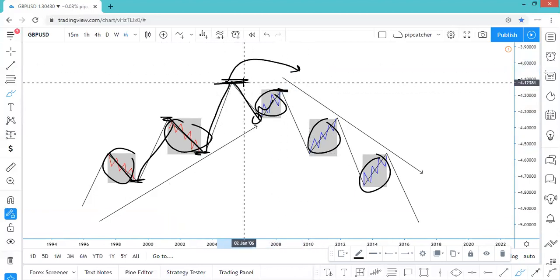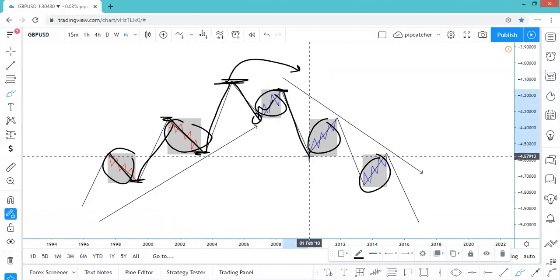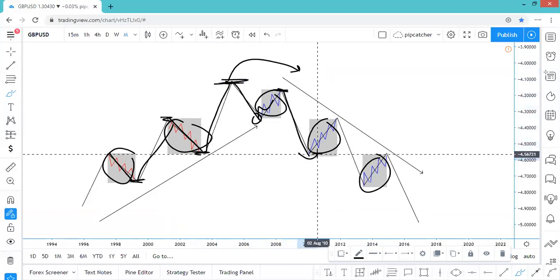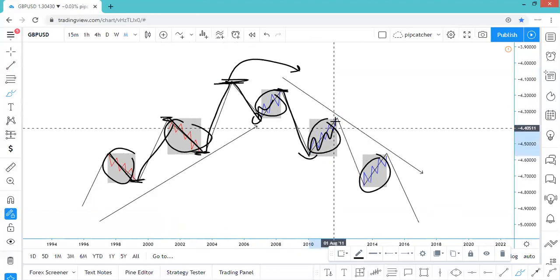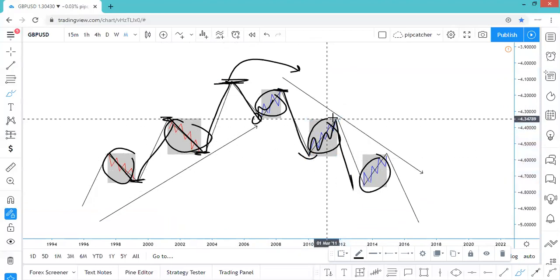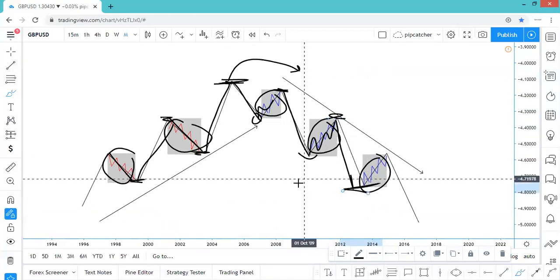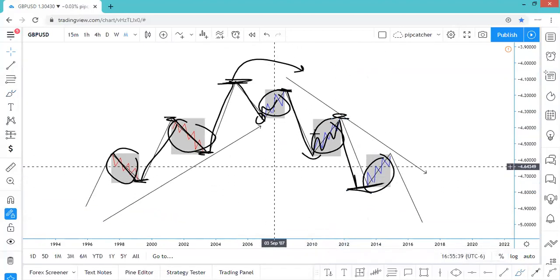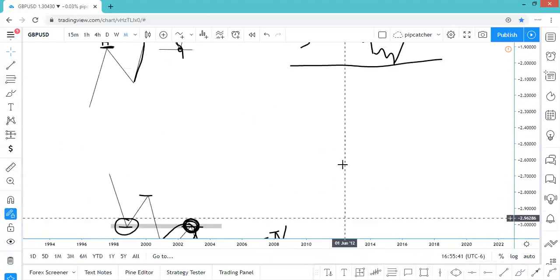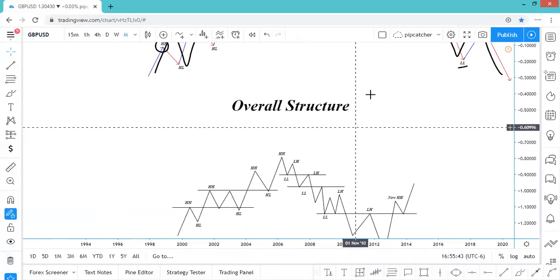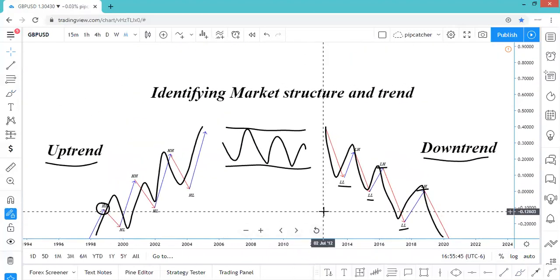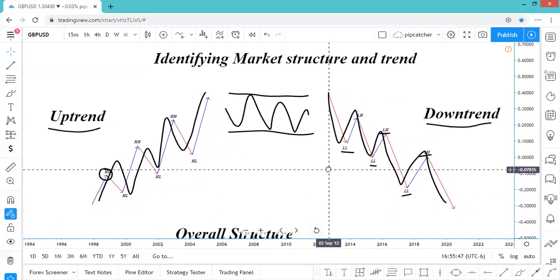This high right here didn't get broken. So we traded down and created a new low. Retracement, lower high, and then a new low. Okay? So I hope that you were able to understand a little bit of this.